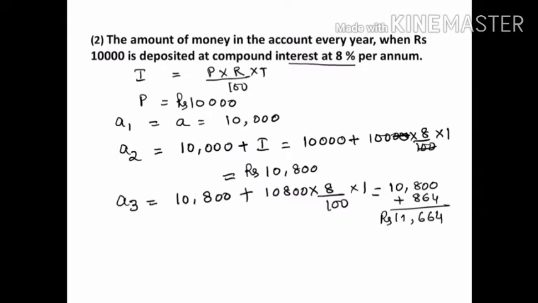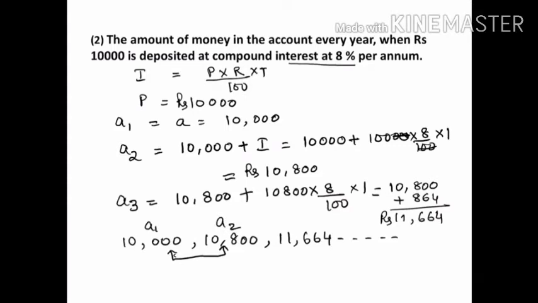Likewise, we can calculate the amount at the end of each year. So the list of numbers that we have is 10,000, 10,800, 11,664, and so on. These are the terms of the given list of numbers. So A2 minus A1 comes out to be 800.